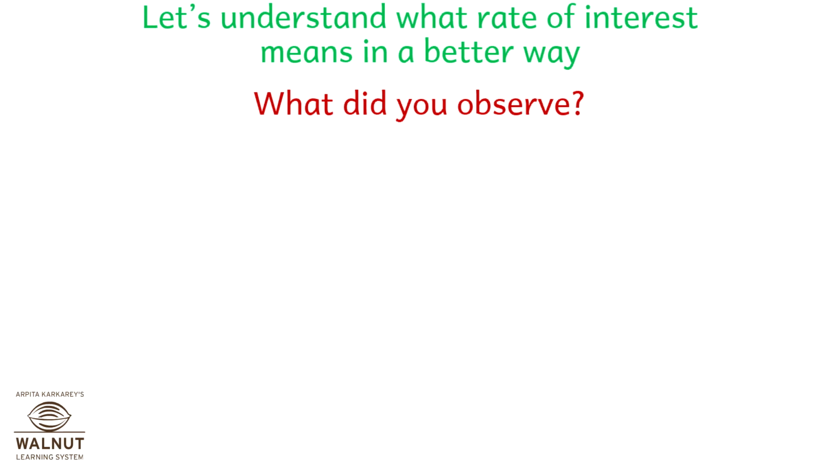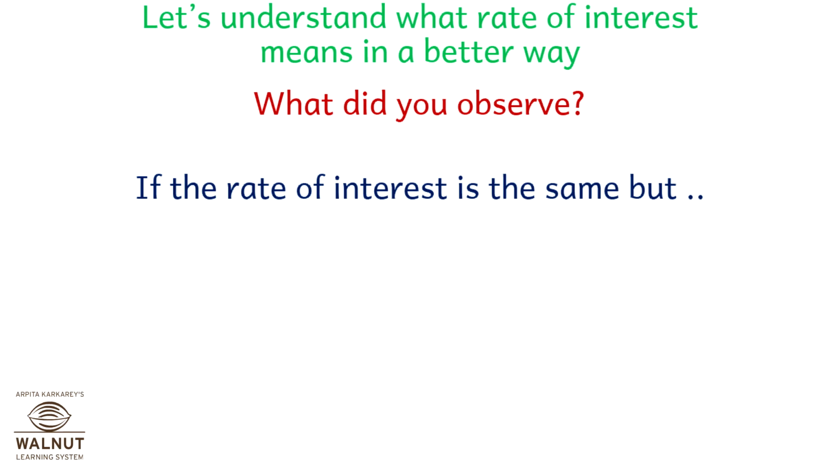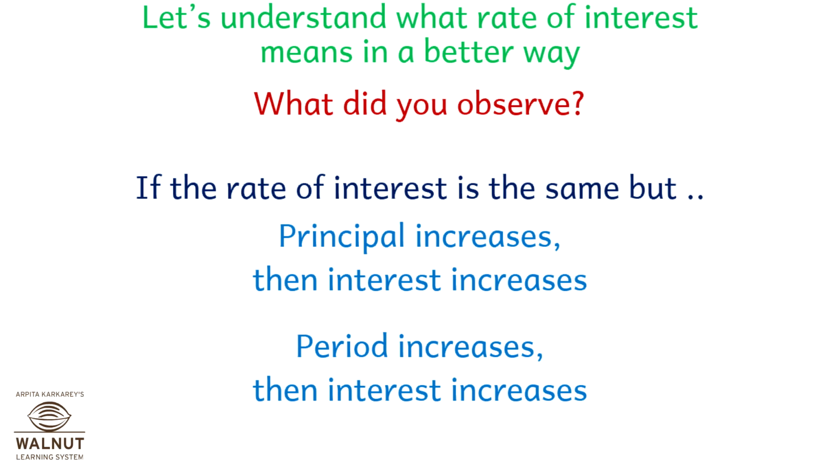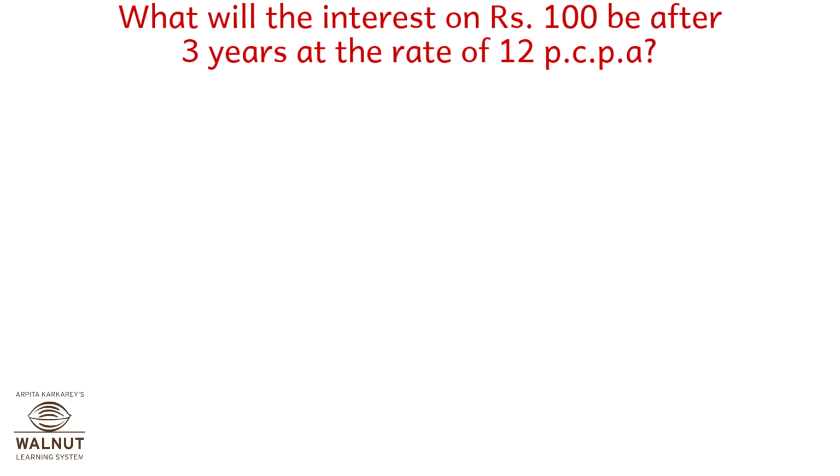What did you just observe? If the rate of interest is the same but the principal increases, then the interest increases. Period increases, then the interest increases. What will the interest on rupees 100 be after 3 years at the rate of 12 p.c.p.a?